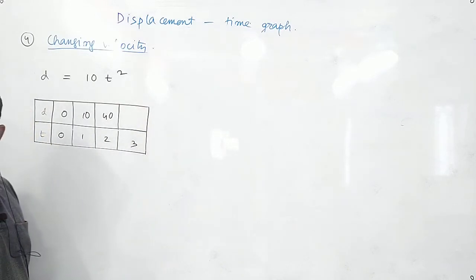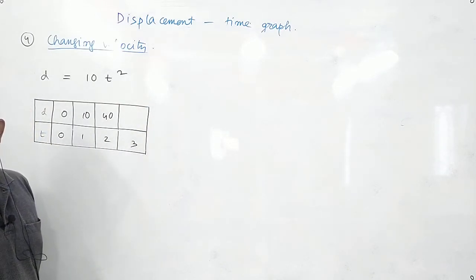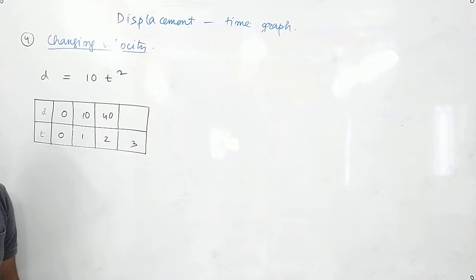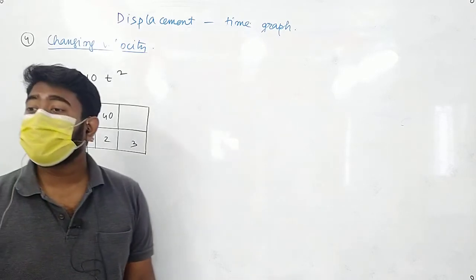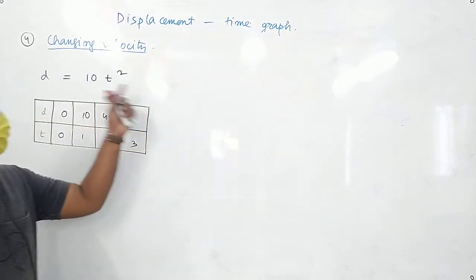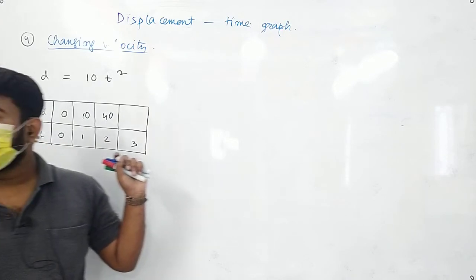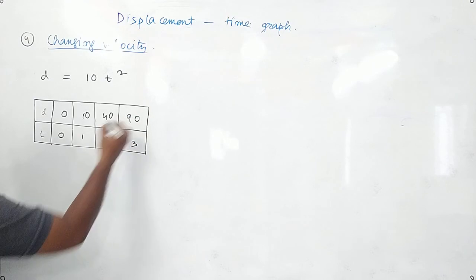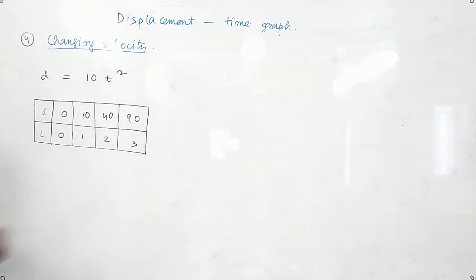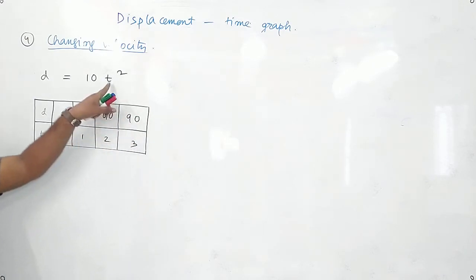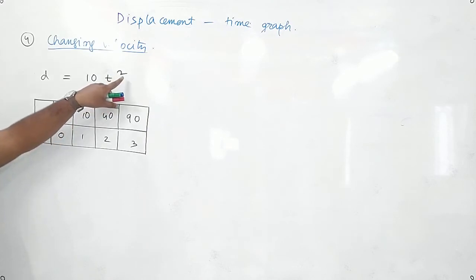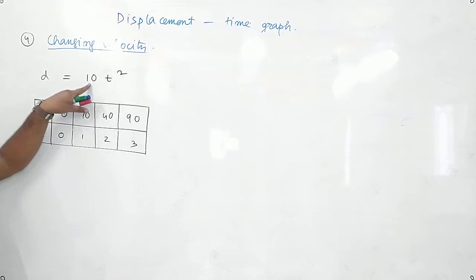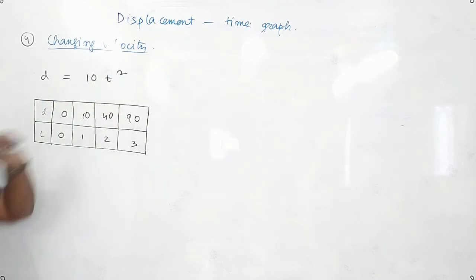T square. 3 square is 9. 3 square into 10 is 9 into 10, that is 90. When it is 3, we will put it in here.